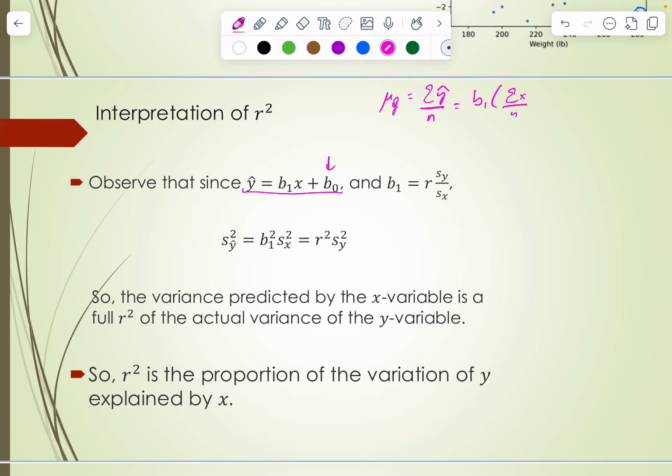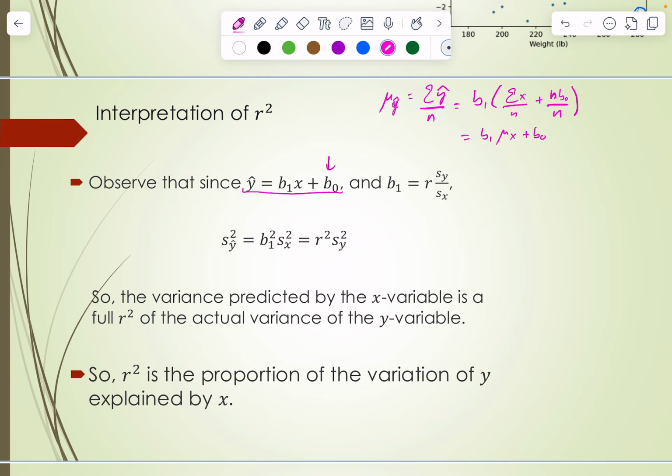I'm going to have n of those b naughts, but I'm dividing by n, and so I end up getting b1 times mu x plus b naught.